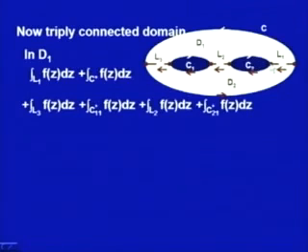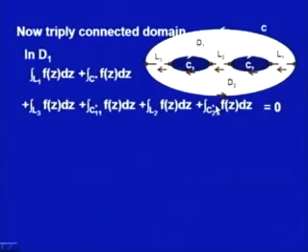So we have this complete boundary: L1, C star, L3, C11 star, L2 and C21 star. Along this, the integral of f(z) dz should be 0, because this is a closed contour in a simply connected domain.